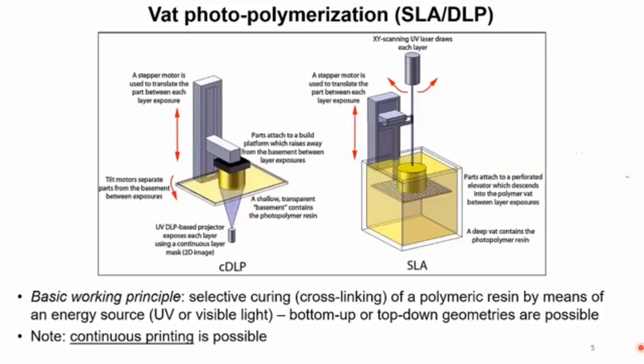so-called digital light processing, or DLP, and SLA, which would be stereolithography. And the difference between DLP and SLA is simply the light source and the way you provide radiation to your material in order to make it polymerize through radiation.